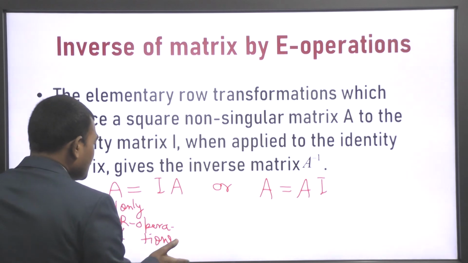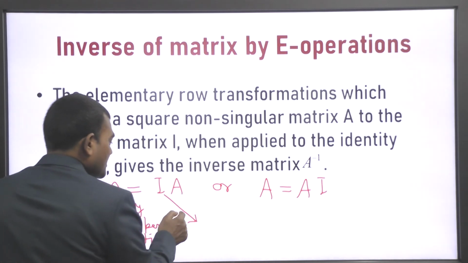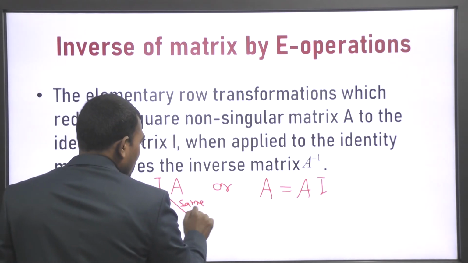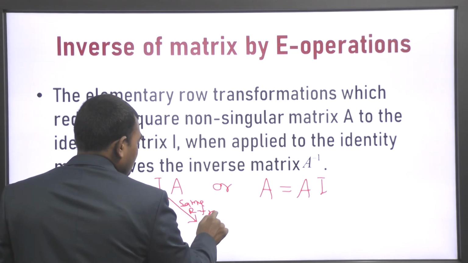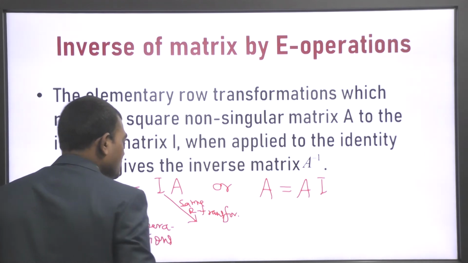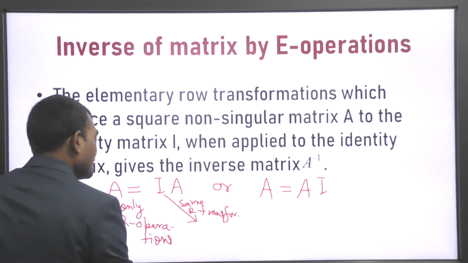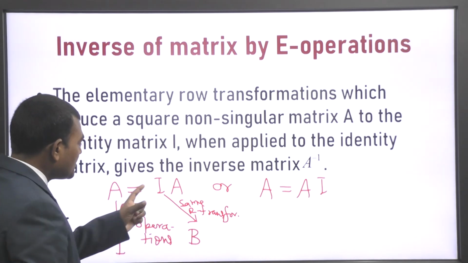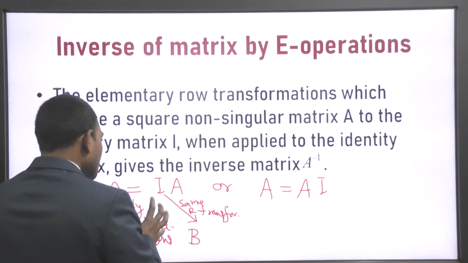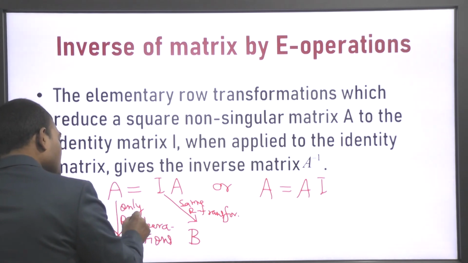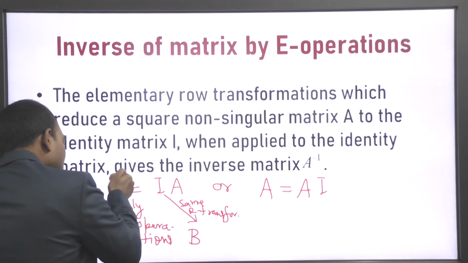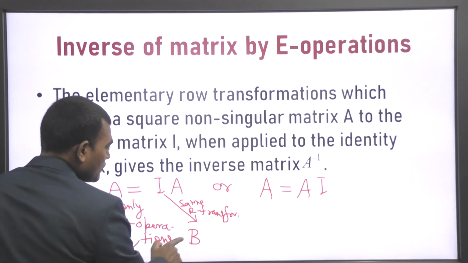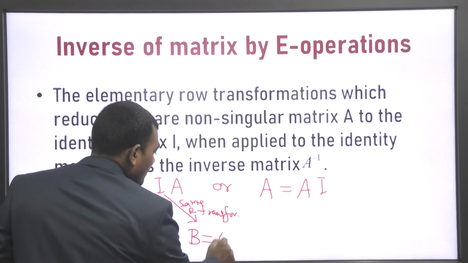At the same time, the same row transformations are applied on the I on the left. So the same row transformations applied on I will change it into another matrix B. In this way, if we apply row transformations on A and change it into the identity matrix, at the same time I will be changed into another matrix B, which will be A inverse.